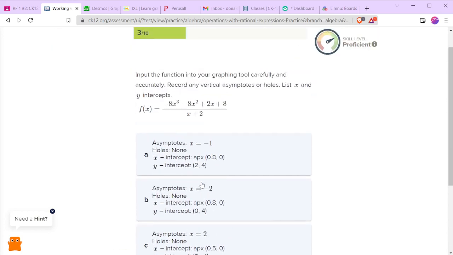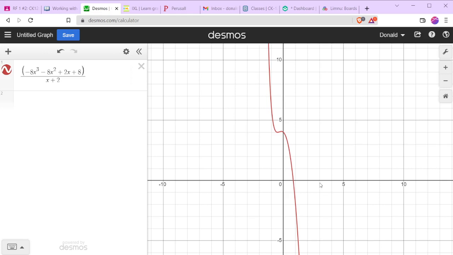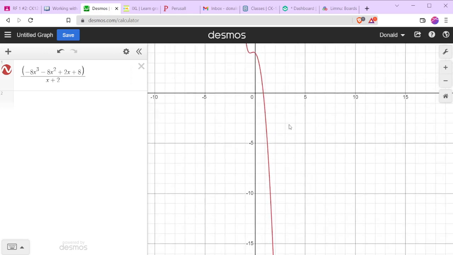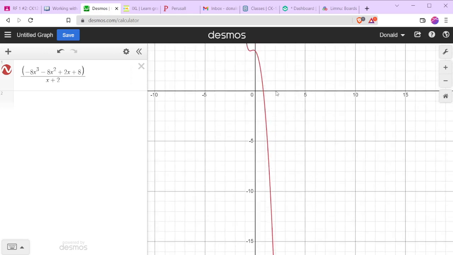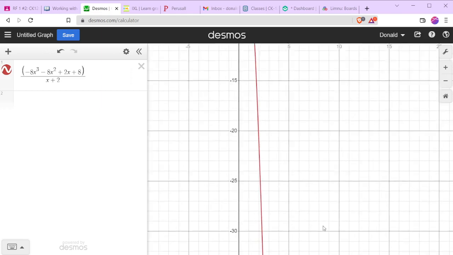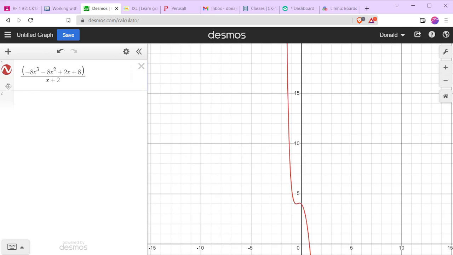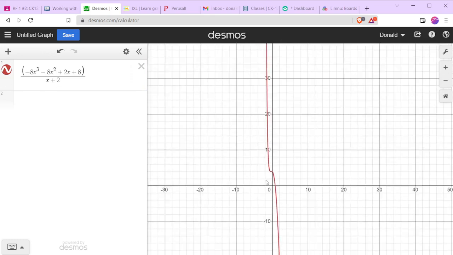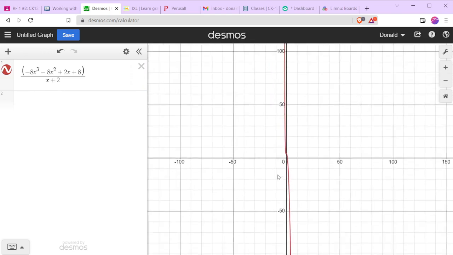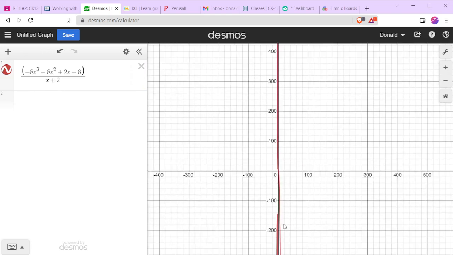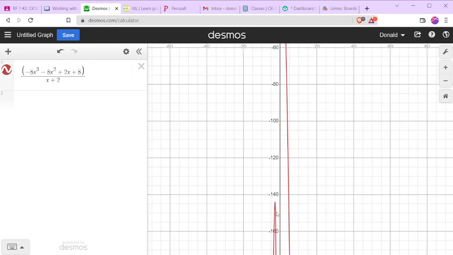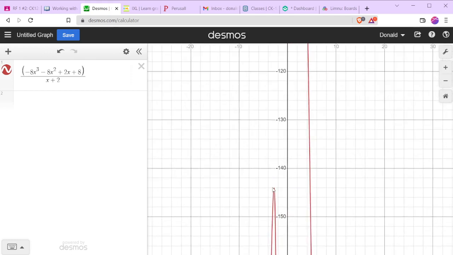Notice though that this is expecting them. Right, we do have the asymptote at x equals -2. When x equals -2, we're dividing by 0. There's the rest of it. When we scroll way out, we can see another graph on the other side.